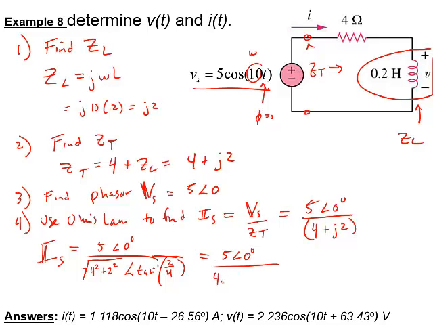That turns out to be 4.47 with an angle of 26.57 degrees. Doing that division, we get 1.118 with an angle of minus 26.57 degrees. Leave it as something like that.